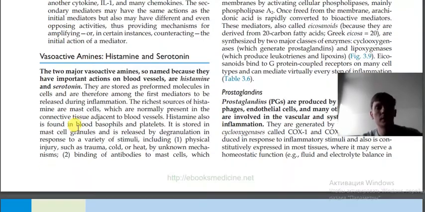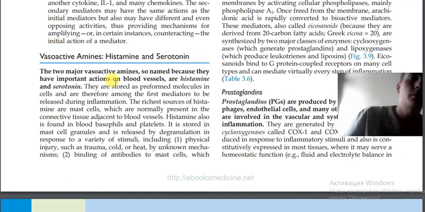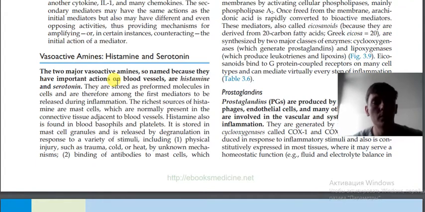Then vasoactive amines: histamine and serotonin. The two major vasoactive amines, so named because they have important actions on blood vessels, are histamine and serotonin. They are stored as preformed molecules in cells and are therefore among the first mediators to be released during inflammation. The richest sources of histamine are mast cells, which are normally present in the connective tissue adjacent to blood vessels. Histamine is also found in blood basophils and platelets.